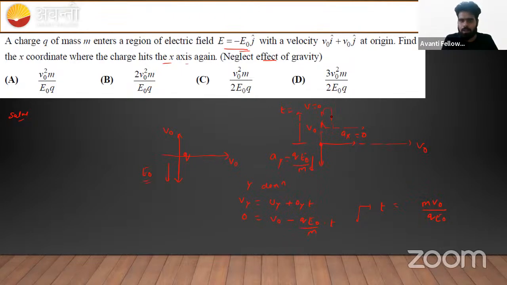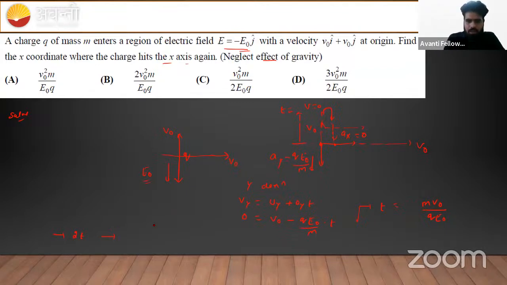After that, the particle will turn back and come towards the x-axis. The acceleration is constant, so the total time when the particle returns is 2t. That 2t is the total time, and in this time we have to find the distance covered in the x direction.